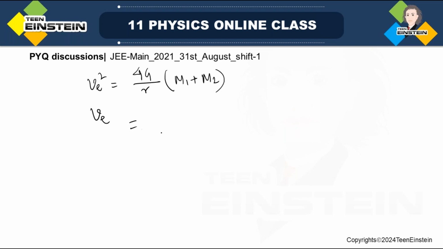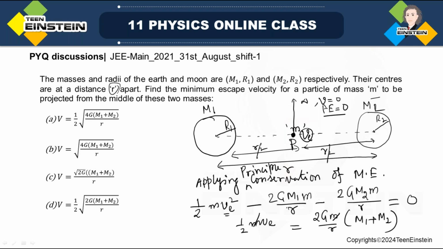The escape velocity will be whole square root of 4G by r into m1 plus m2. This is actually the escape velocity. Let me see the options here. 4G by r m1 plus m2. So option B will be the correct answer for this question.